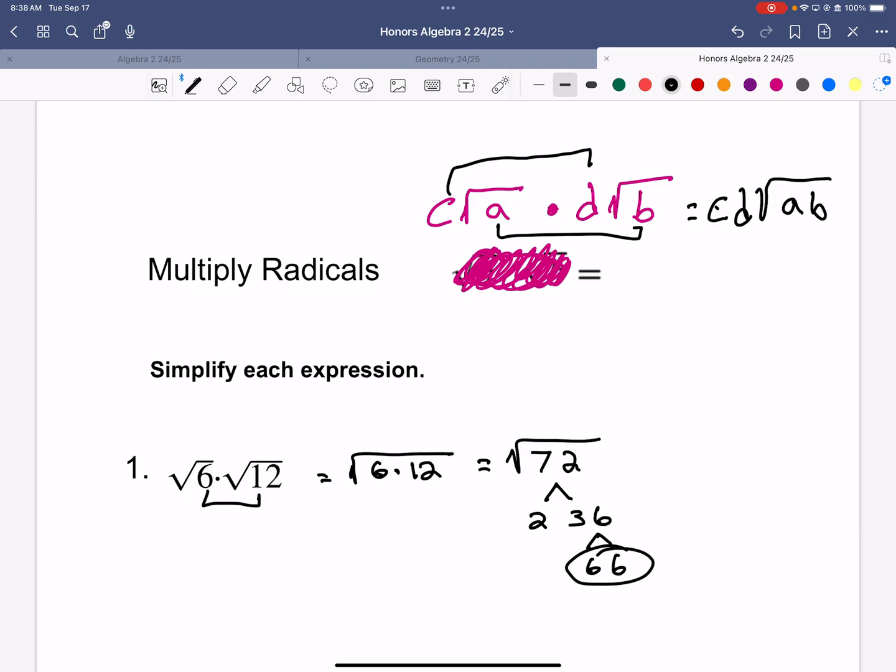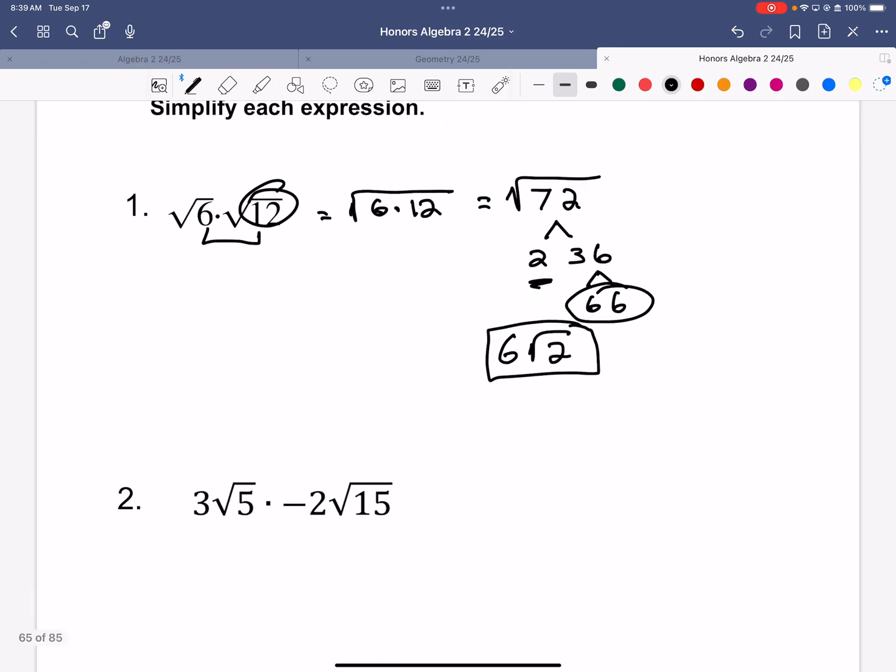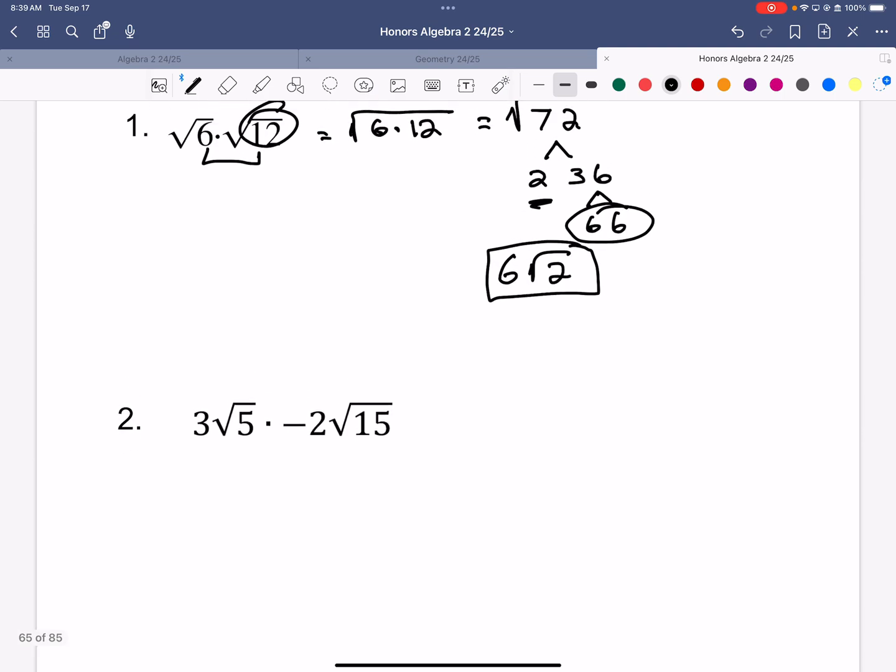So my 6 has a partner, so the 6 can come out, the 2 doesn't. So you get 6 radical 2. That's the way I like to do them. I mean, again, you could break 12 down to 2 radical 3, and then you're going to end up doing it again anyway. So multiply first, then simplify. Multiply underneath by what's underneath, and outside of by what's outside of.